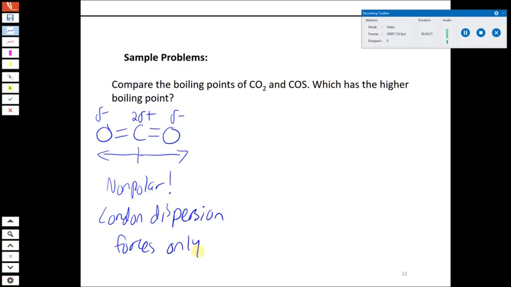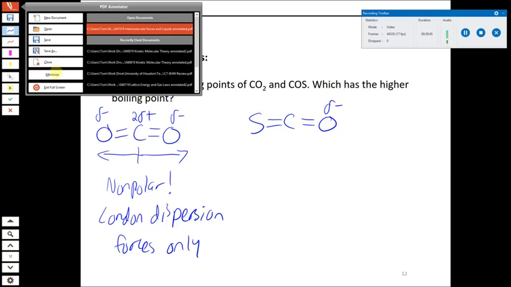Now if we go to COS, it has a very similar structure, still linear, but this time we have partial negative on oxygen. The carbon-sulfur bond is pretty much nonpolar. There's a slight difference, if you remember.